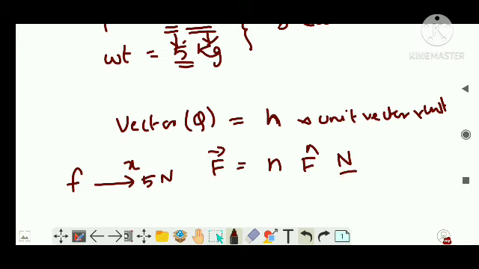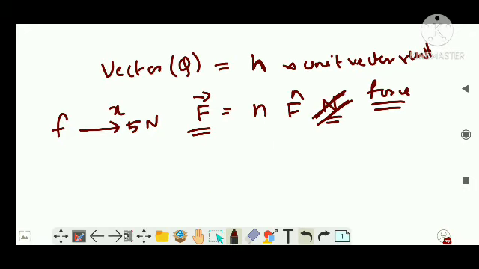Newton is the unit. Clear? I hope you understood. Usually you can remove this Newton because F is already known as the suffix for force, so you need not write the unit, but the basic way which is usually written is: any vector is represented as n into unit vector. Keep that in mind. Clear?